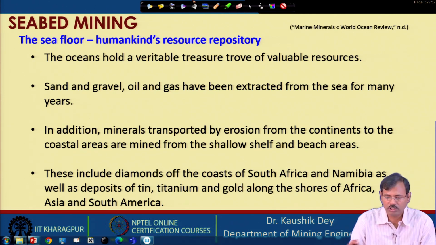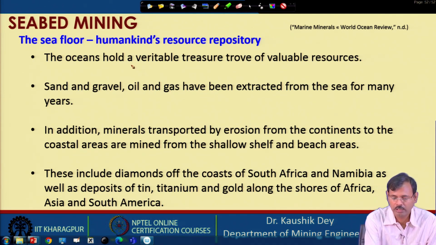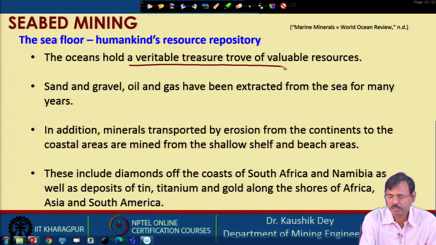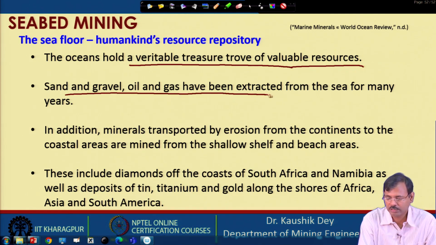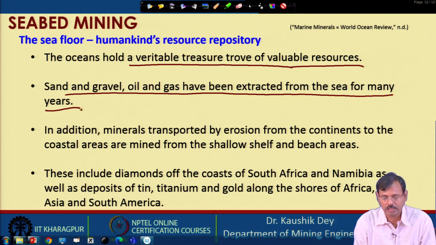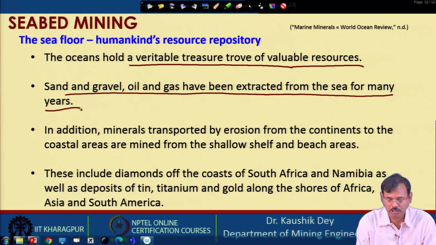So, you can see the ocean holds a treasure trove of valuable resources. Sand, gravels, oil, gas have been extracted from the sea. In fact, India is also excavating oil sources from the Bombay High.